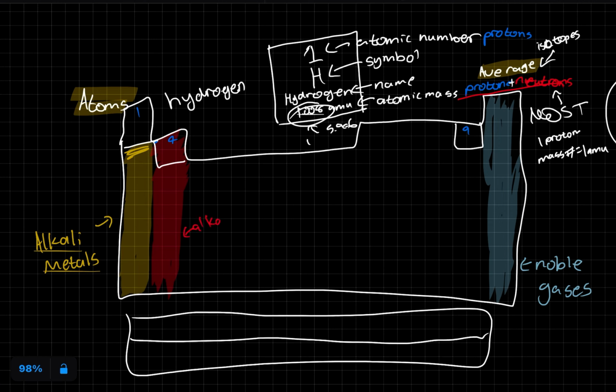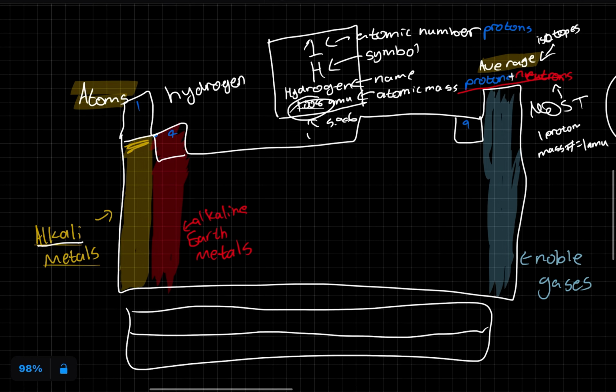These are the alkaline earth metals. Let me just restate that. This is the alkali metals. This is the alkaline earth metals. Okay, got that. The first column is the alkali metals. The second column is the alkaline earth metals.